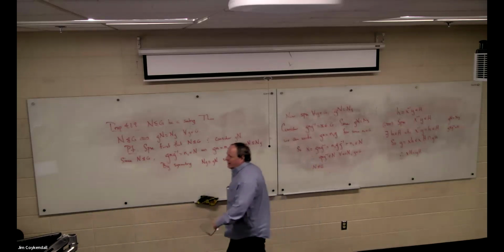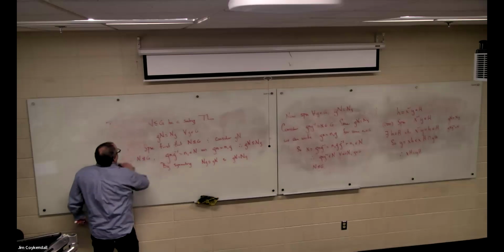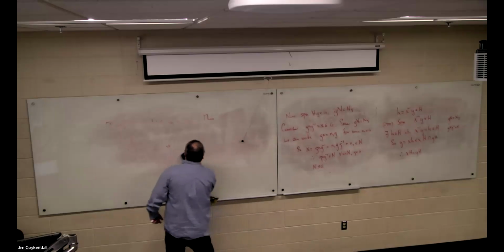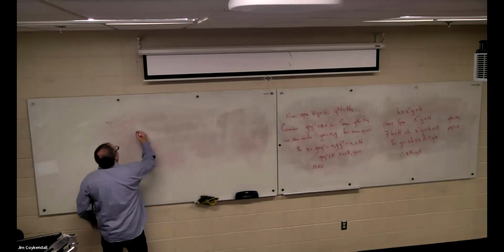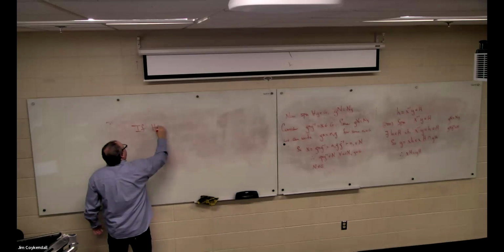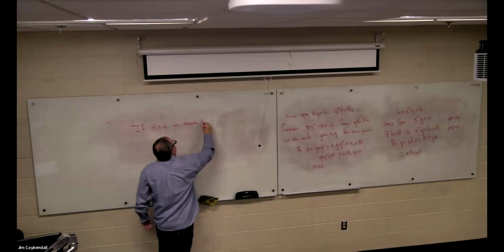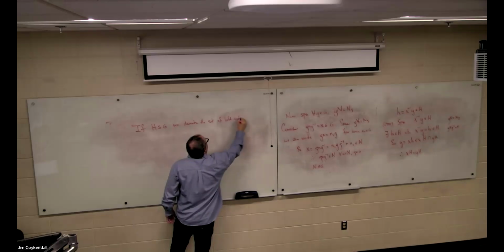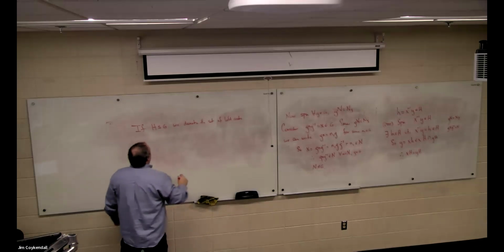Okay, so I can do this more generally. If H is a subgroup of G, we denote the set of left cosets, well, actually, you know what?